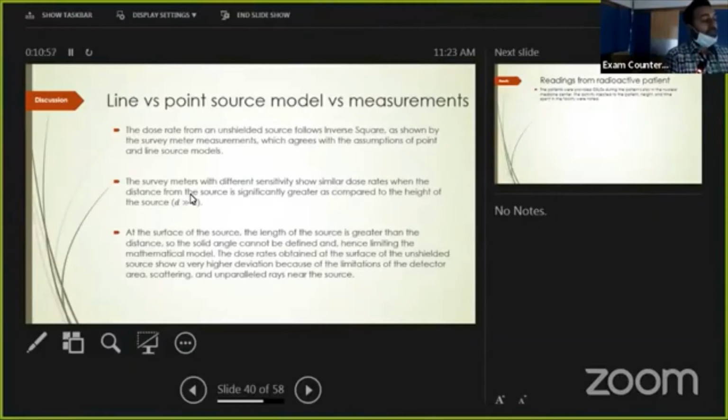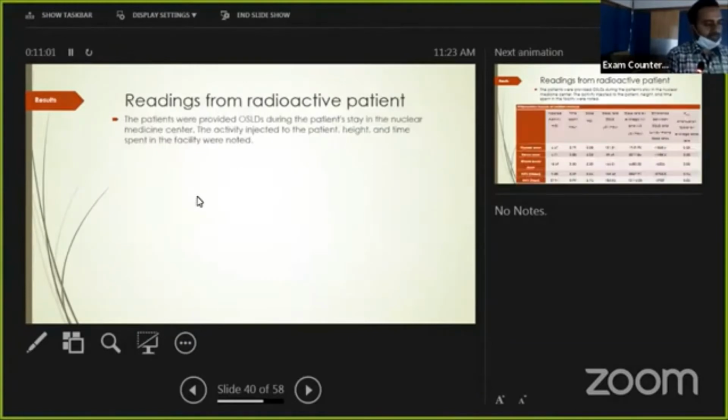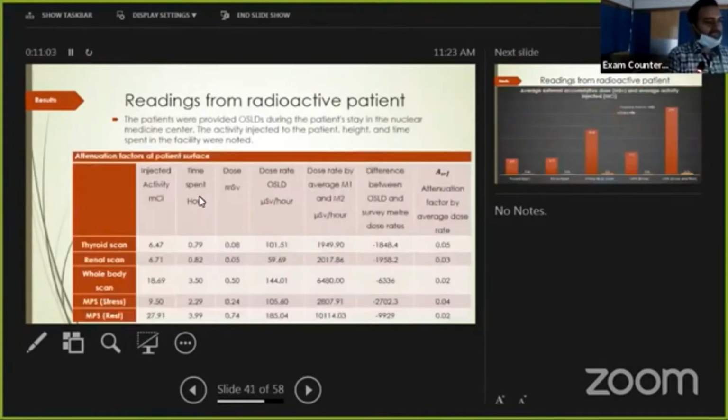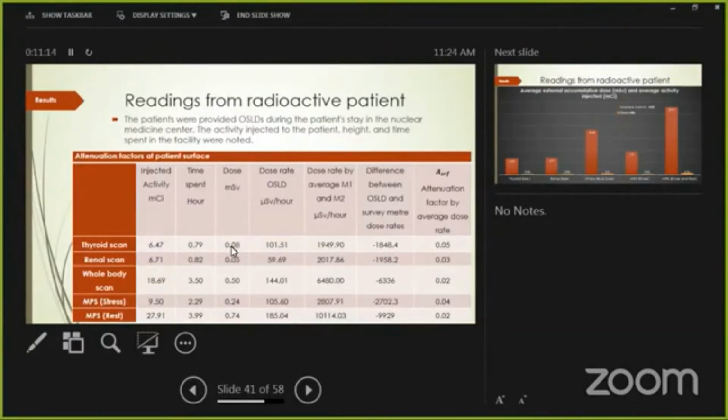Now talking about the patient, what will happen in the case of the patient? For that we have readings. These are the readings and all the time spent during that time in the department. These were the doses which were measured by the OSLD dosimeters.